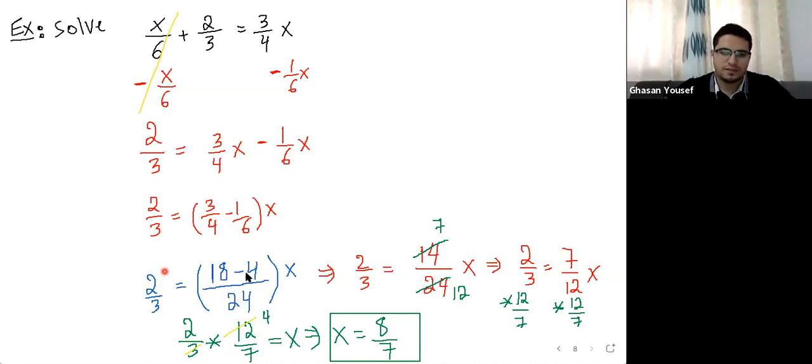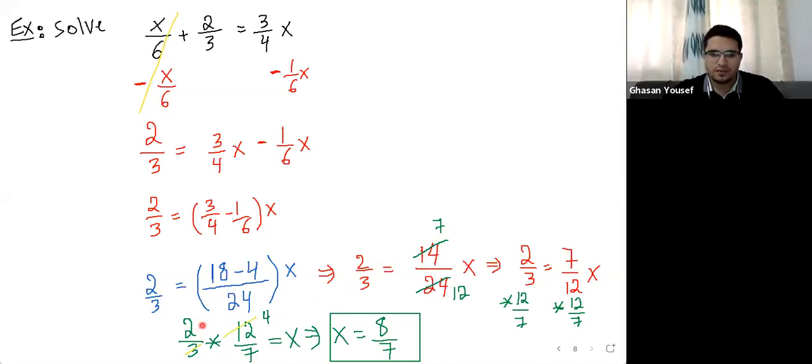Now I get 2/3 equals the expression inside the parentheses times x. Inside the parentheses, I get 14/24. I can simplify it by dividing both by 2, and I get 7/12.